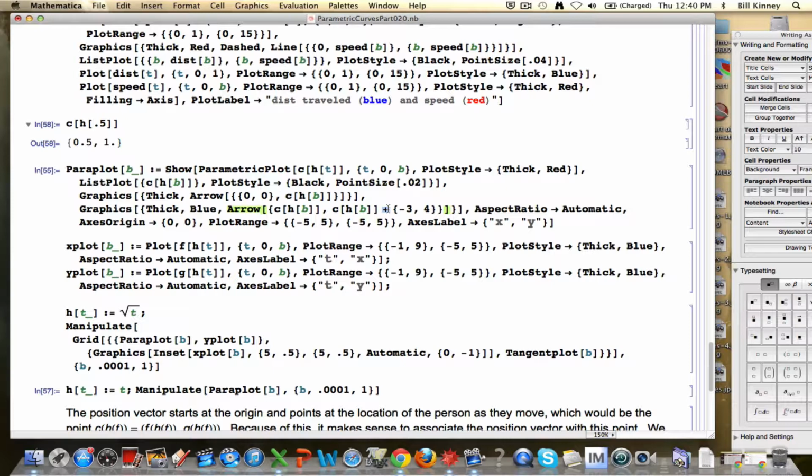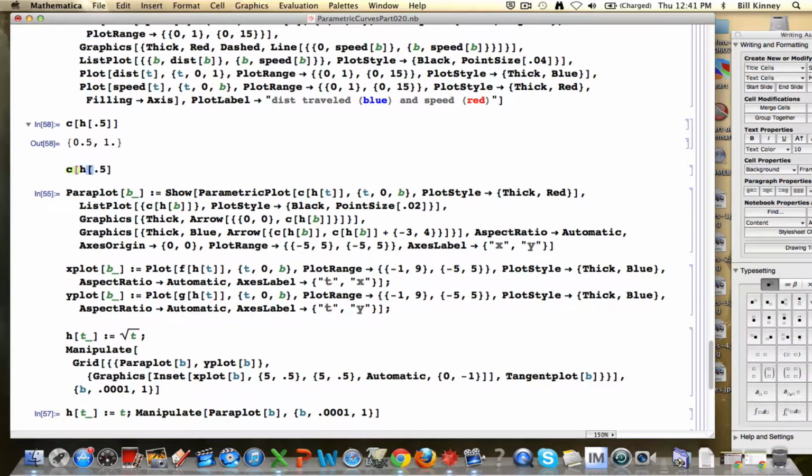Now, there is a geometric interpretation of vector addition that's very important. I don't want to get into it in this video, but hopefully in a later video I can. For the purposes of this video, let's just note that the addition that's going on here will add these two vectors component by component, meaning the first component of the answer will be 0.5 plus -3, -2.5.